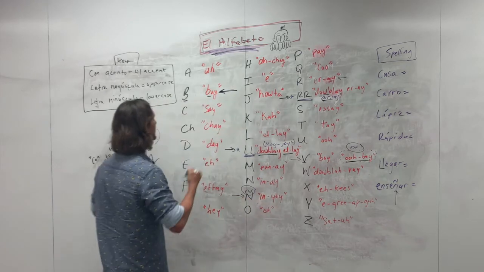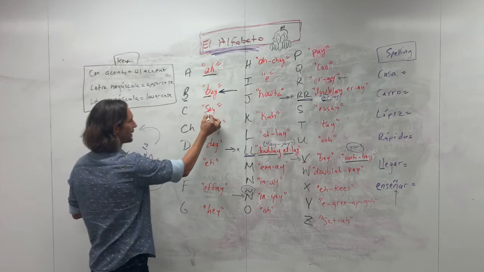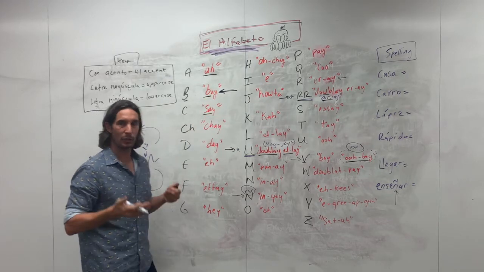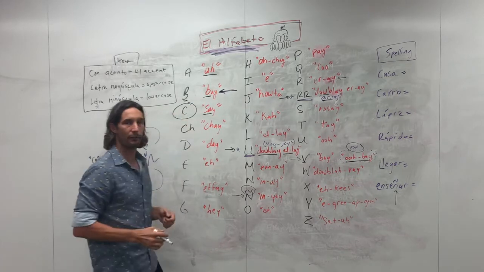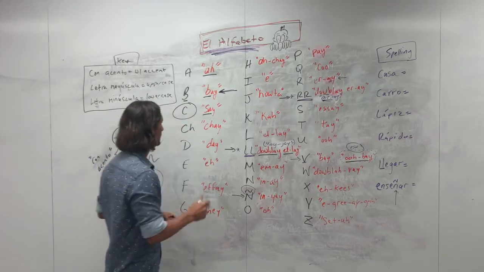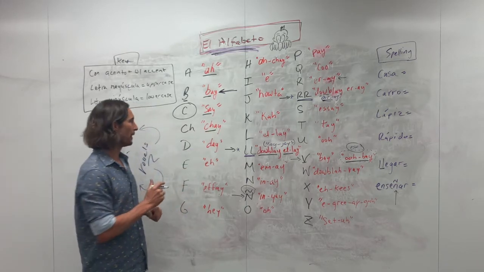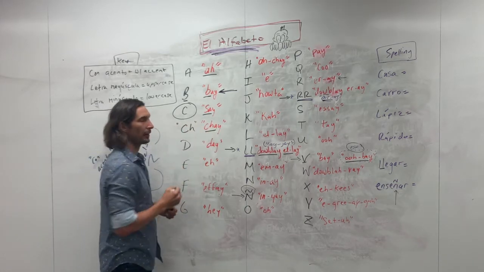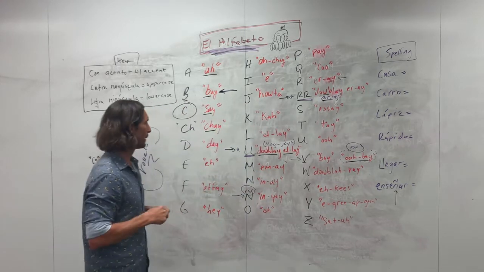So, like I said, here we have A. Be. Say, your English word say, sounds just like the Spanish letter for C. So say. Che. Now, here's the thing about this. This is technically a letter, if you will, a letter in quotes, in the Spanish language.